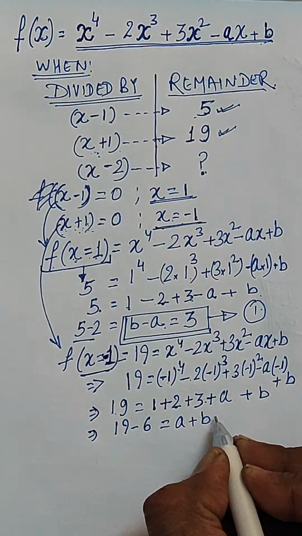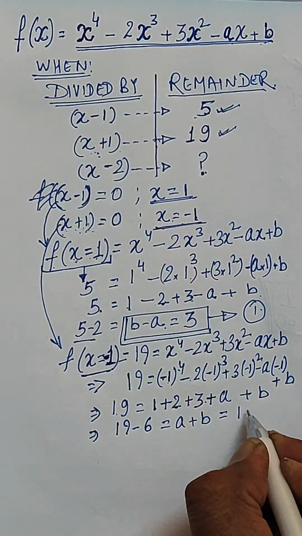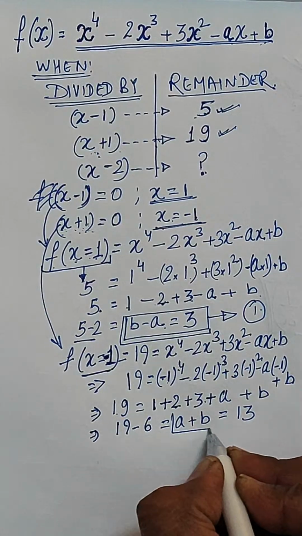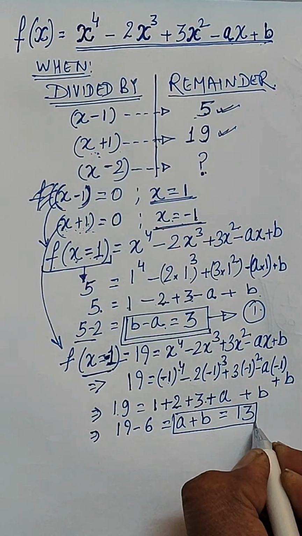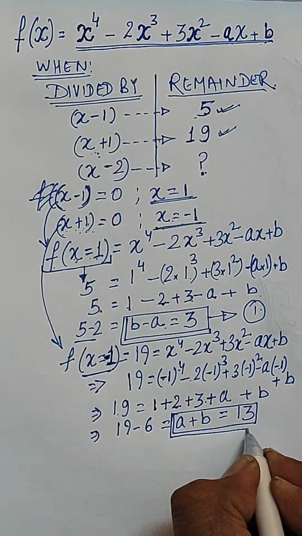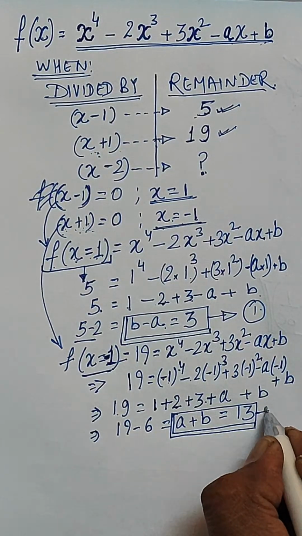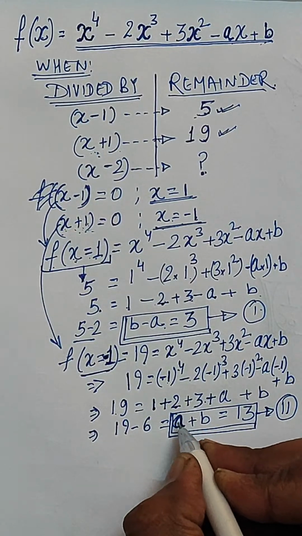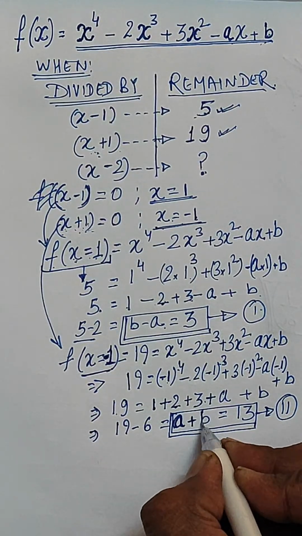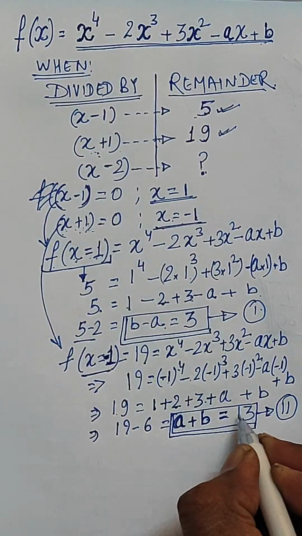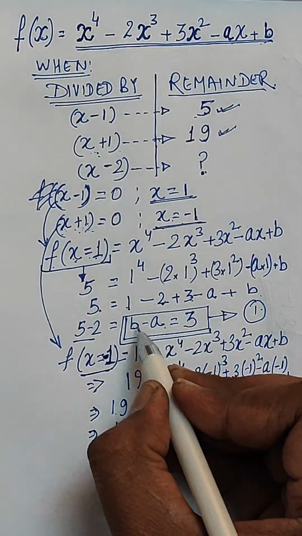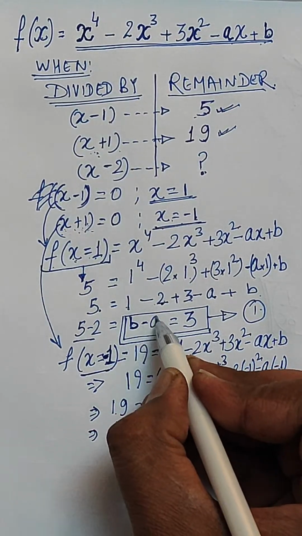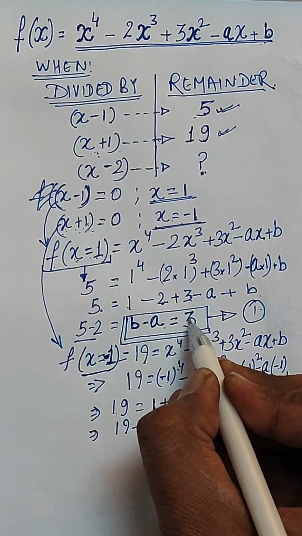And 19 minus 6 is nothing but 13. So my dear friends, this is another equation in front of you. This is equation number 2. So we have two equations in a and b, that is a plus b equal to 13, and initially it was b minus a is equal to 3.